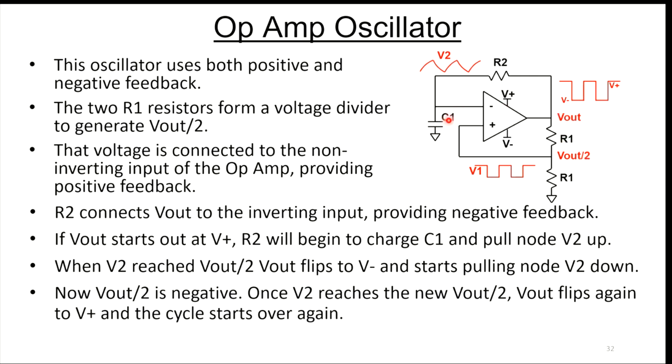Now C1, which was sitting at 2.5 volts, starts getting pulled down through R2, and eventually it reaches minus 2.5 volts on V2, and it flips the op-amp again. So this thing will just sit here flipping back and forth all day long between plus 5 and minus 5 volts. Again, I just thought this was an interesting op-amp circuit to show because it has both positive and negative feedback, and you don't normally see that in an op-amp circuit.